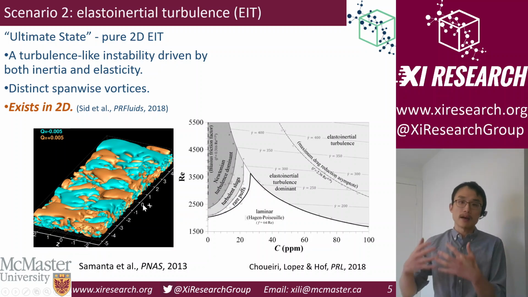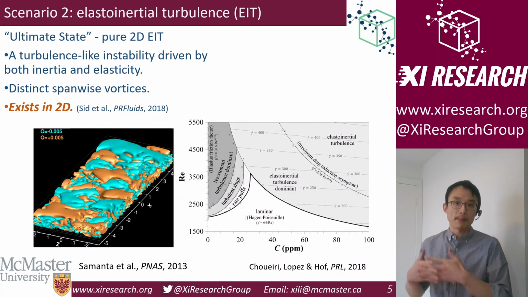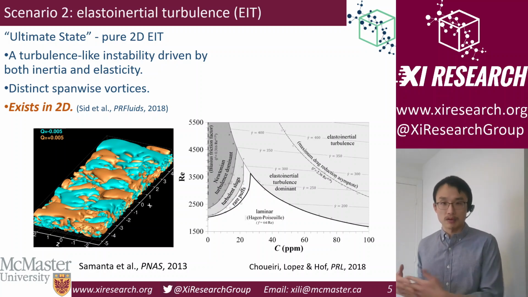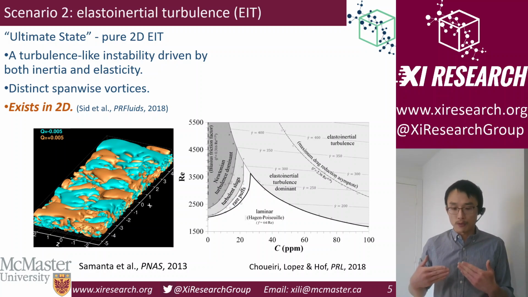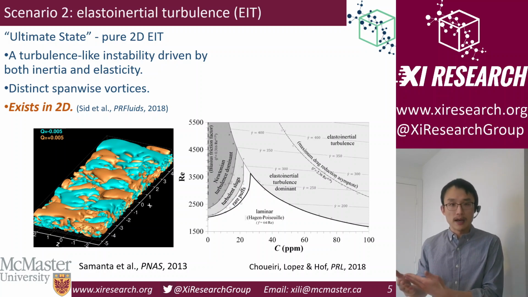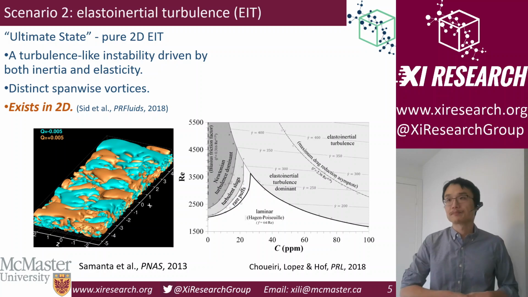And because EIT occurs at the limit of high Weissenberg number, high polymer elasticity, and that's also a limit where MDR occurs, it is very intuitive for researchers to assume that MDR is essentially the limit of EIT.